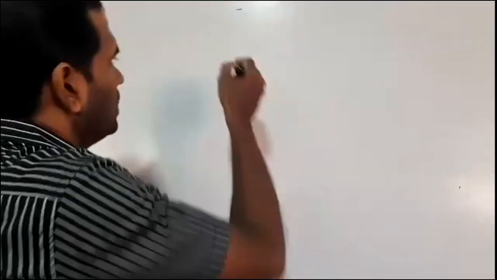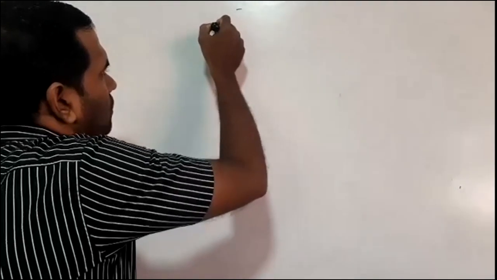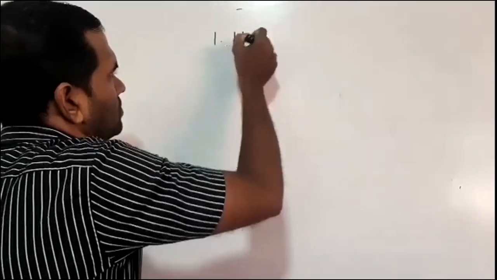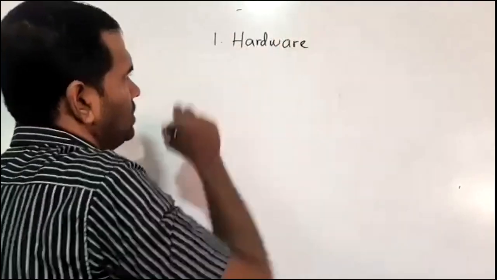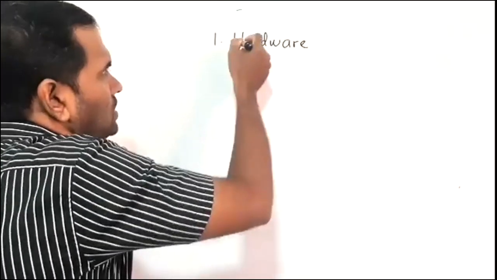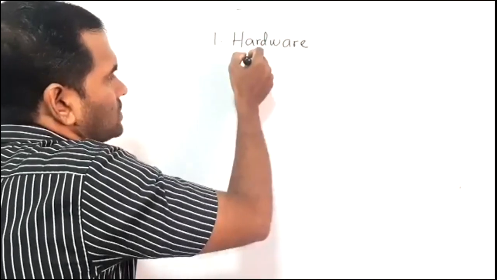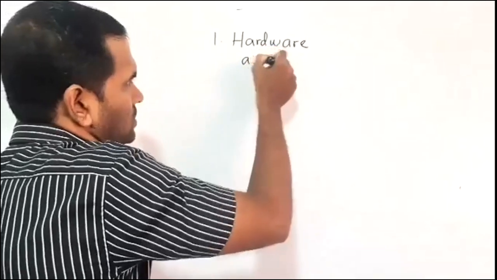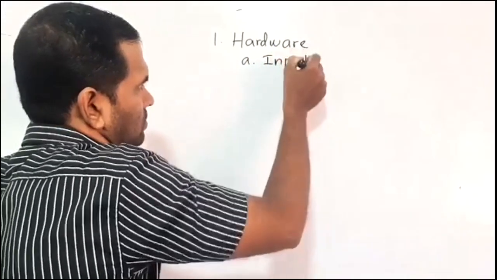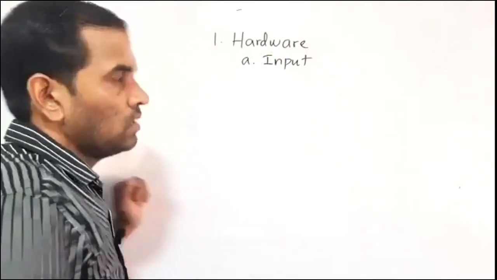Right, so first of all, I will write the output, that list, on the board. So look here, I want a list like this: one, hardware. Then inside hardware, I want a sublist like small a, input devices. Okay, let me put input.